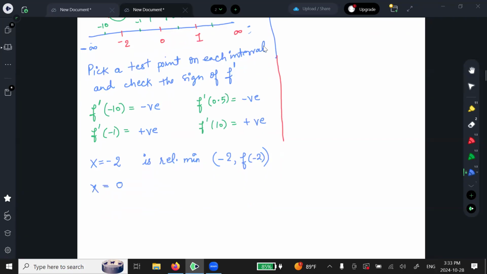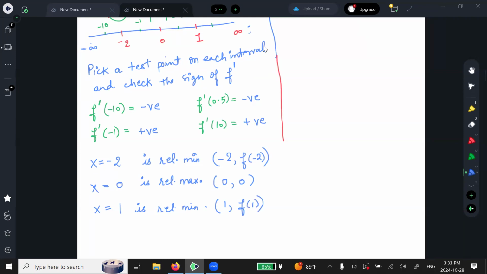We only care about the critical points, right? It is a relative max. And x equals 1 is again a relative min. And what is the function value? f of 0 will be 0. And for 1, plug in f of 1 here, see what you're getting.